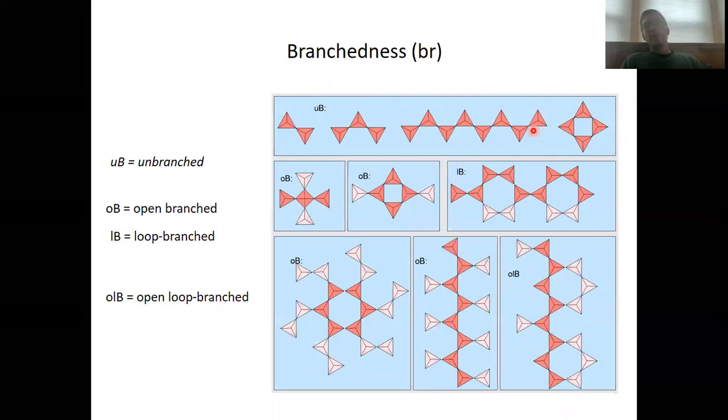Now, however, these chains and rings can also be branched, and one type of branchedness is the open branchedness. That means we have terminal side chains attached to a main chain.